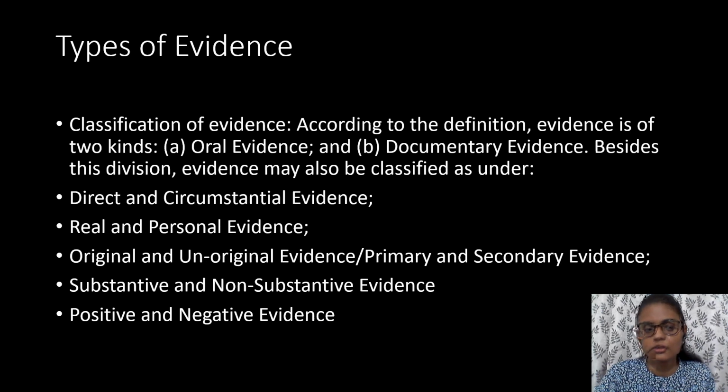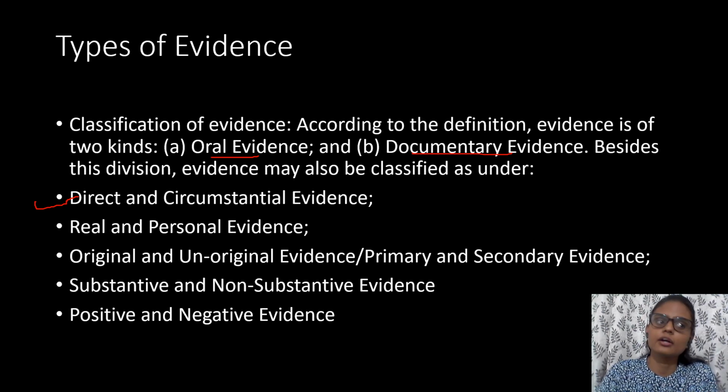So the types of evidence here classify as two, oral and documentary, as I have stated. But besides this, there are many divisions like direct and circumstantial. Direct means, if I have to give an example, an eyewitness would be direct evidence.